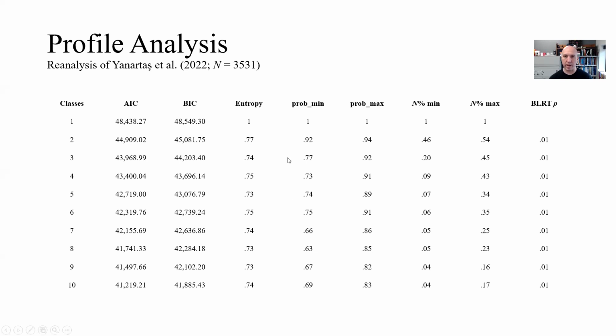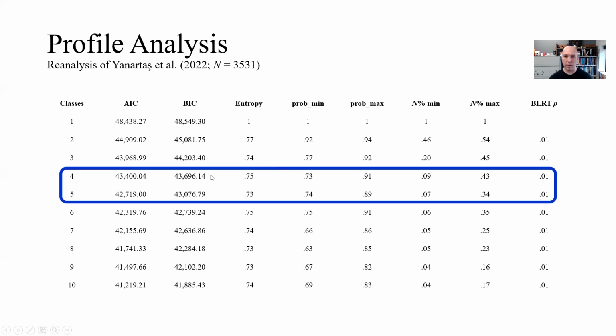Looking at this first data set, there's a little bit of subjectivity here. I think 4 or 5 profiles is probably the best, because even though this BIC number is still going down, this is really where it stops with the big drop-off. So it's really small drop-offs at this point.